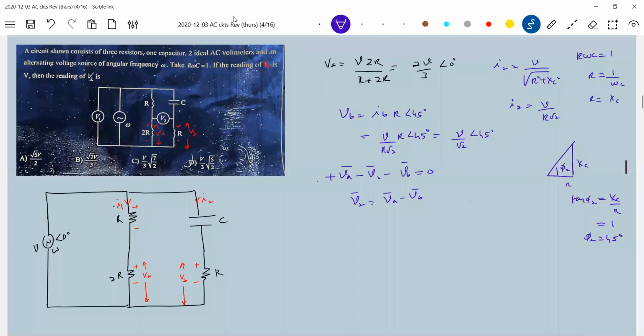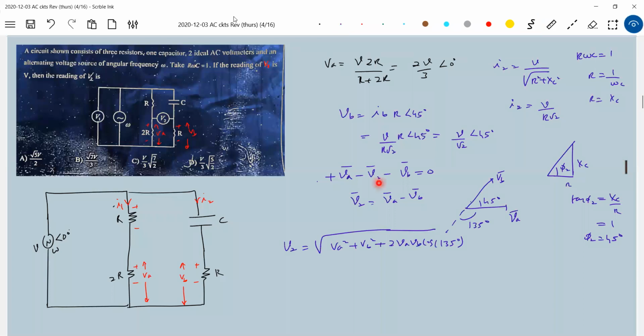So what is the angle? VA is having 0 phase. What about VB? 45 degrees. But we want VA bar minus VB bar. So what is the angle between them? 135 degrees. Therefore V2 should be equal to the square root of VA square plus VB square minus 2 VA VB cos of 135 degrees. I think this is the KVL you should apply properly in the vector form. Solve this, we'll get the required answer.